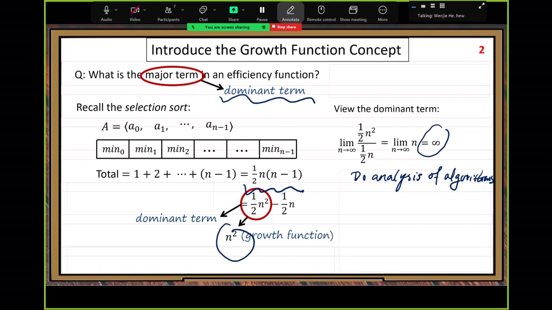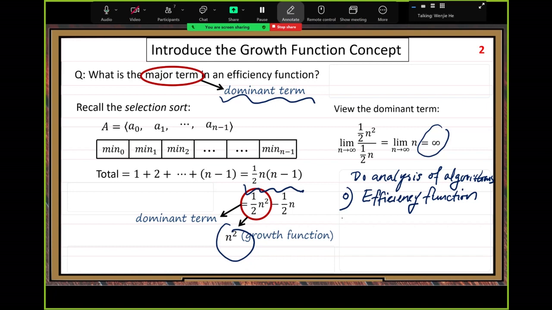Our starting point here is, let's say, step 0, we have the efficiency function. That's our starting point.